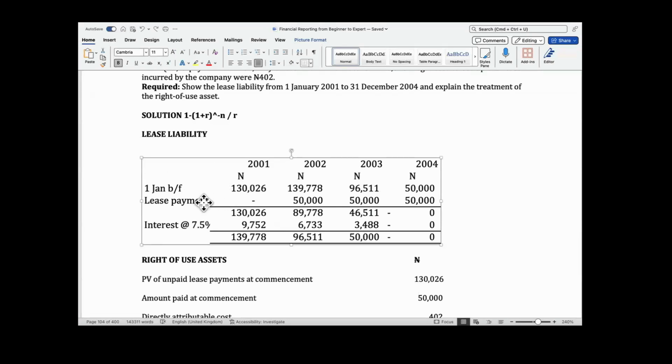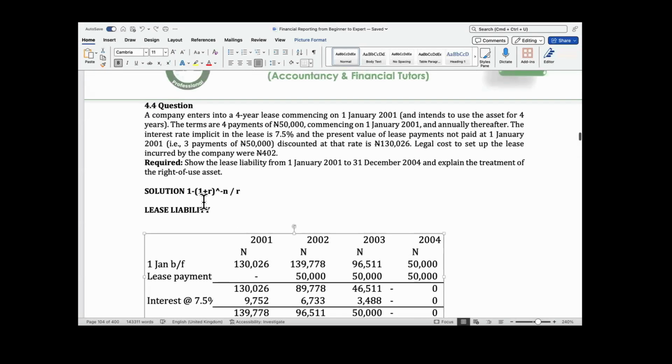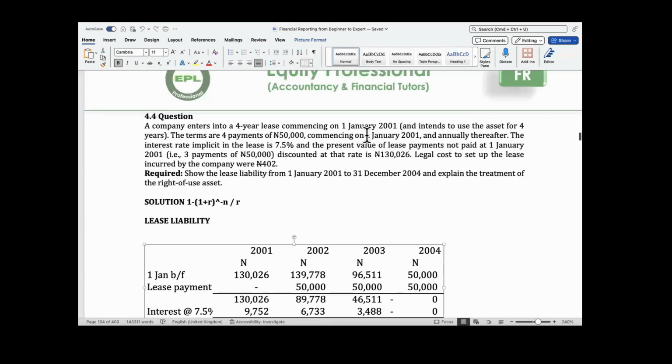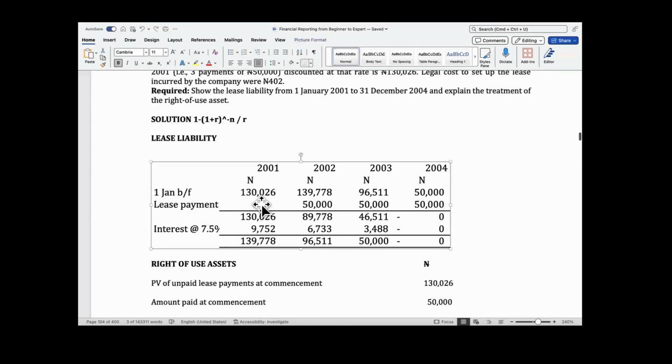The lease payment is going to come first. Why? Because we are paying at the beginning of every year. Though in the first year, it's going to be 0 because this 130,026 is exclusive of the first payment. We are not owing it. So it should not be included there anyway. That's why the lease payment in year 1 is 0, because it has been paid. So it's not included in this liability.